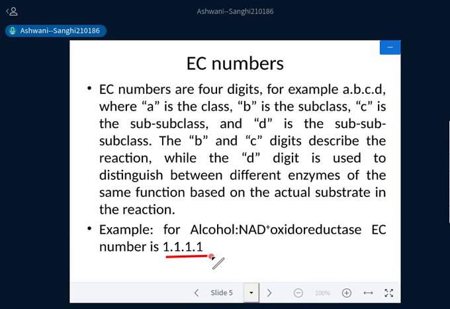In this, the first digit is the main class, the second is the subclass of the first, the third is a further subclass of the second, and the fourth is a further subclass of the third. The second and third digits describe the reaction, and the fourth digit distinguishes between different enzymes of the same reaction based on the actual substrate. This is the EC number.